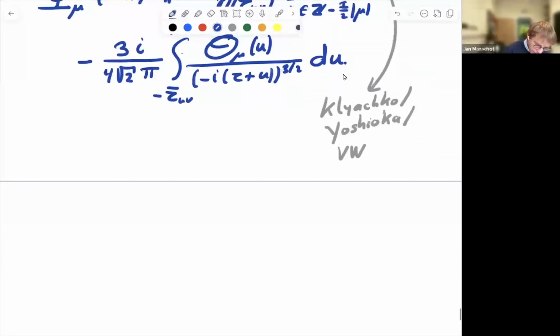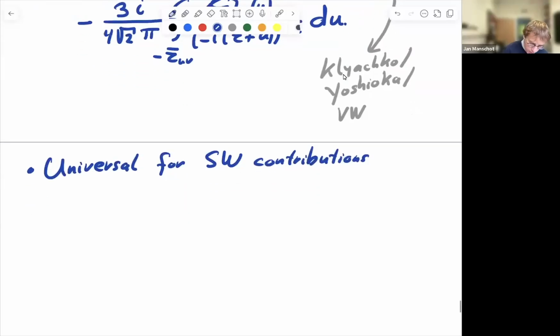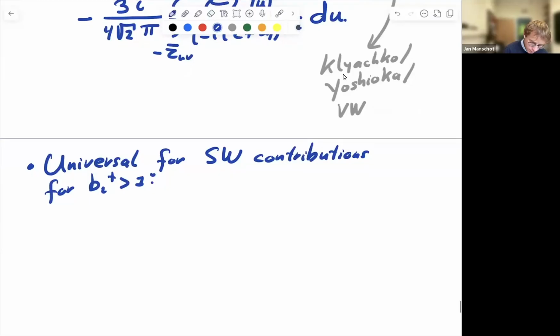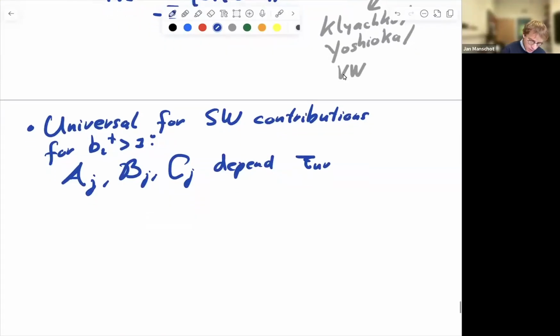Okay, I'll continue then. We also derived universal functions for the Seiberg-Witten contributions when b2 plus is larger than 1. These were the functions A, curly B, curly C, and I had them yesterday on the slides also. In this case, they depend on tau uv. So there's again this interesting connection with modular forms.